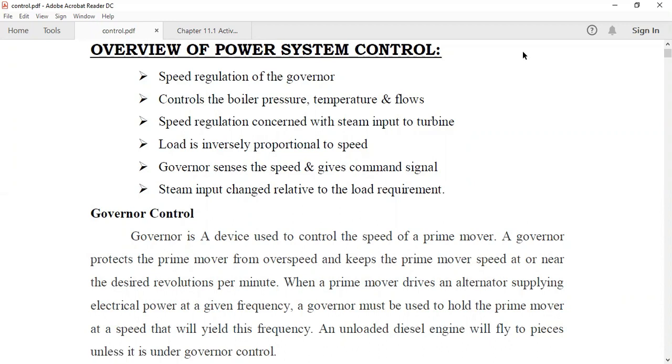Load is inversely proportional to the speed. As we all know, when the load on the system increases, the speed of the alternator or the electrical generator is going to reduce.